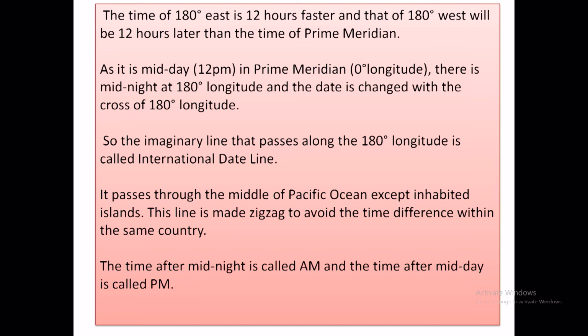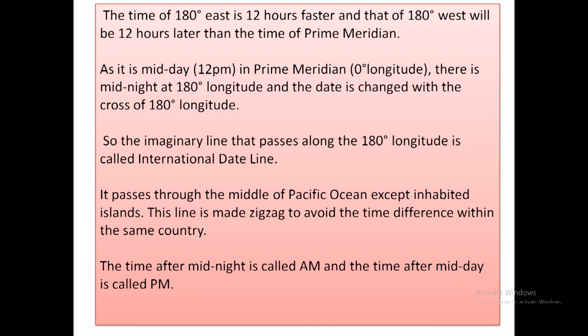Longitudes are the imaginary lines which pass from the north pole to the south pole, and there is a very close relationship between longitudes and time, because for every 1 degree of longitude there is a difference of 4 minutes.